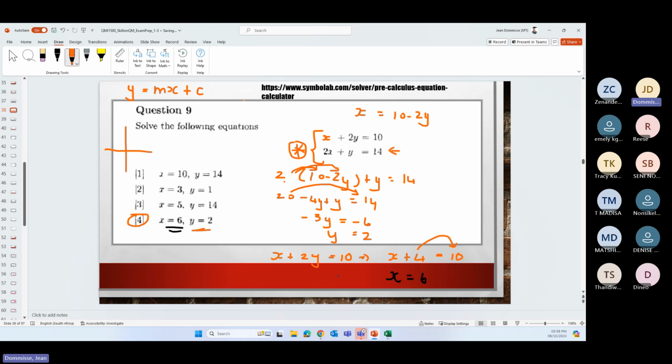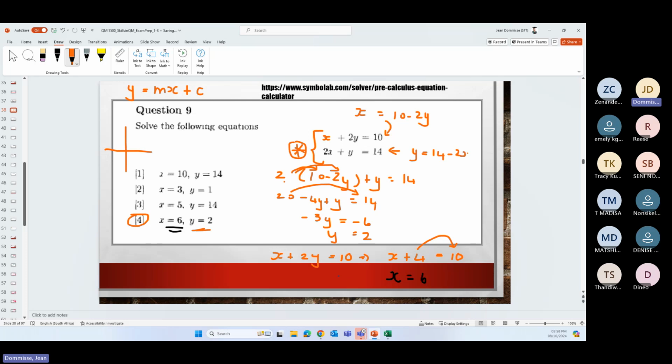So we could also have said, instead of changing this one, we could have used that second one and said, okay, I know all my lines are normally y is equal to. So I could have changed that one to say y is 14 minus 2x.